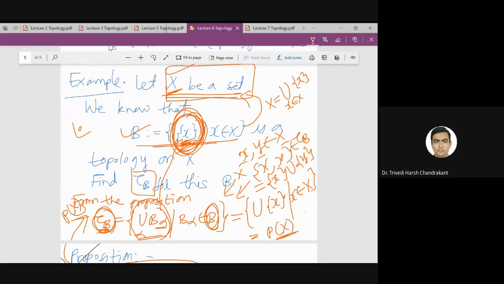Suppose there are n elements, x1, x2, ..., xn. So I can write the set containing x1, x2, ..., xn as singleton x1 union singleton x2 union singleton x3, up to union singleton xn. Right? Even the set of natural numbers we can write in that form.